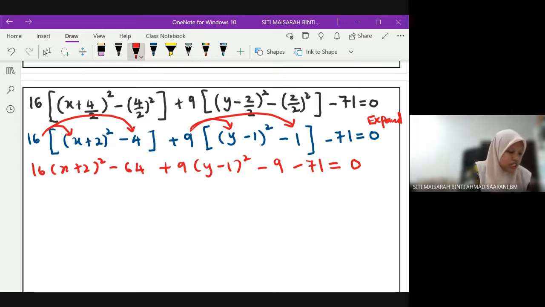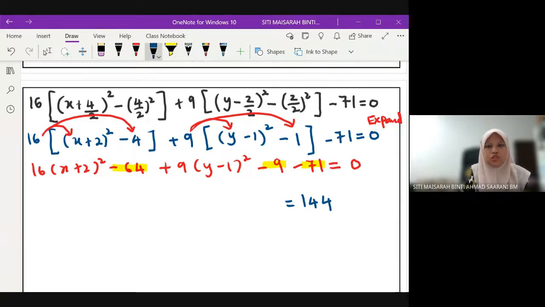So, jadi kira dia, contoh saya kira dulu sebelah kiri baru saya pindah. So dia akan jadi minus 64 minus 9 minus 71 we get minus 144. So then pindah sana jadi equals to 144 lah. So then pindah siap-siap.